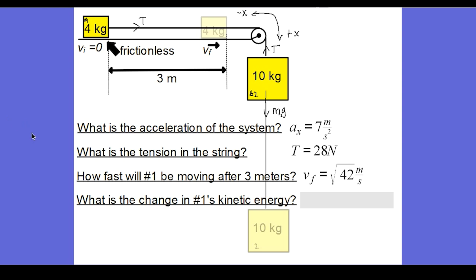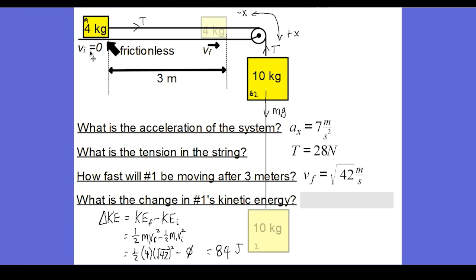Now that we know how fast it's moving at this spot, we can calculate its change in kinetic energy from here to here. Our change in kinetic energy, delta KE, is the final kinetic energy minus the initial kinetic energy. We know it started at rest, so the initial kinetic energy term is 0.